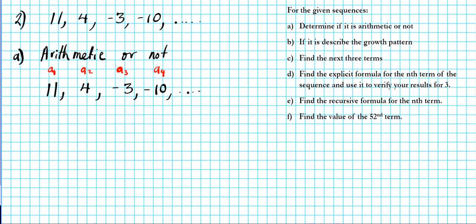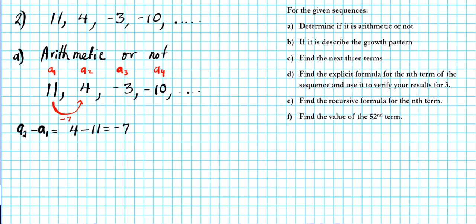That will indicate that the sequence is arithmetic. So from a1 to a2, what's the growth pattern? a2 minus a1 is 4 minus 11, which is -7. So that tells us that to advance from a1 to a2, you subtract 7.